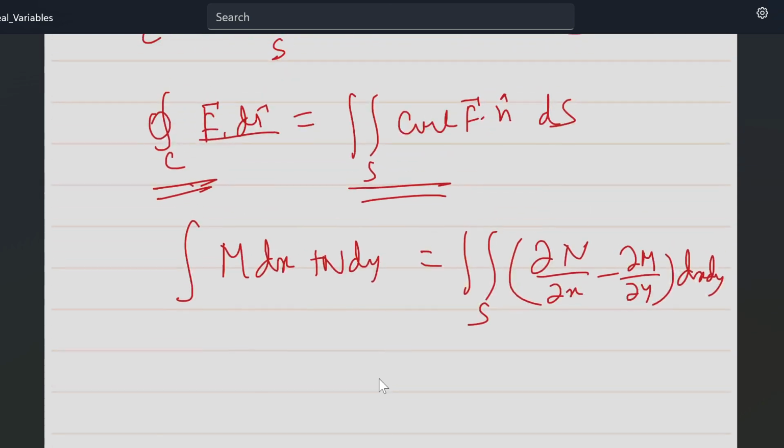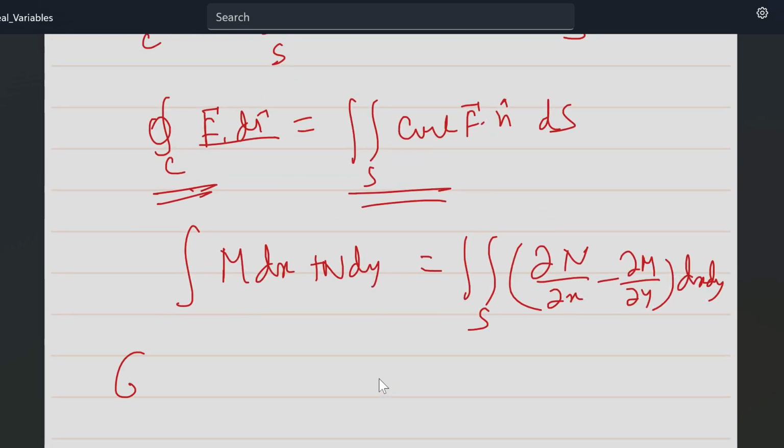Okay, so I will tell otherwise. The difference is Green's theorem is in a plane. Plane means either it is the xy plane, yz plane, or xz plane. But Stokes' theorem means it is any surface.